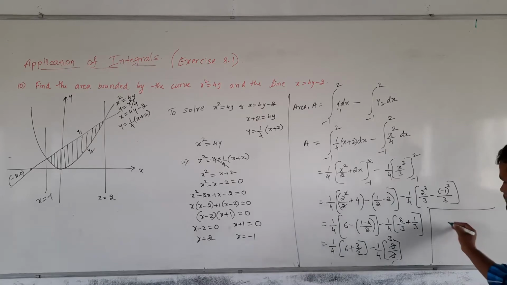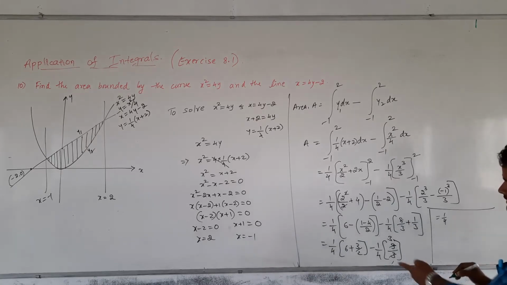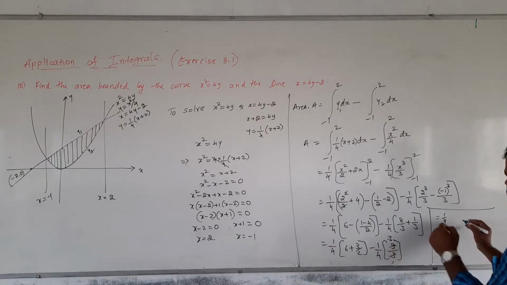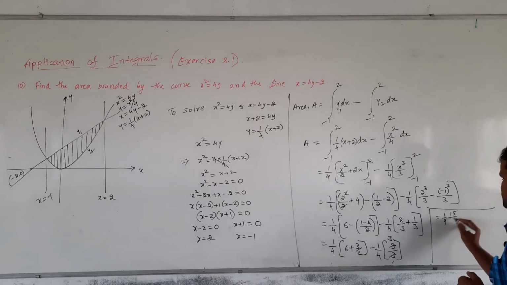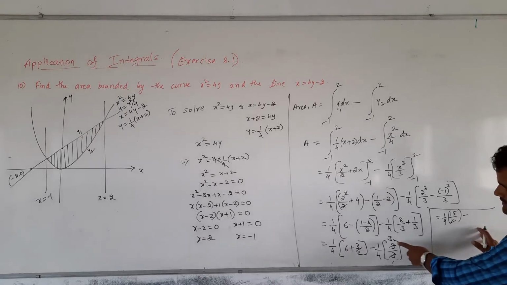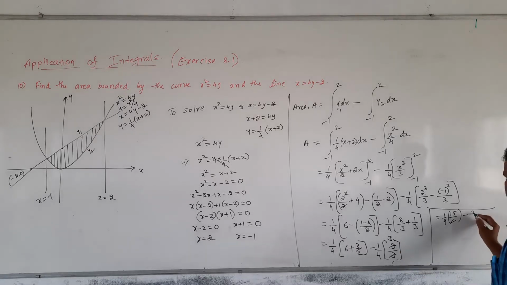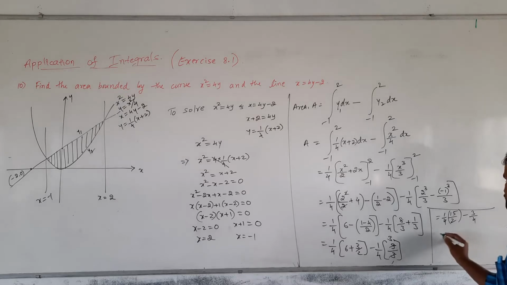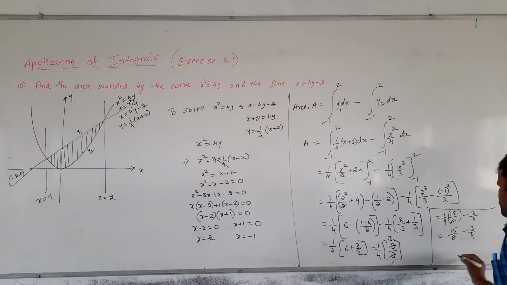This is 1 by 4 into, let us cross multiply, 6 into 2, 12. 12 plus 3 is 15. 1 by 4 into 15 by 2, minus of, here only 3 is there, 3 into 1 by 4 is 3 by 4. Okay. It is 15 by 8 minus of 3 by 4.